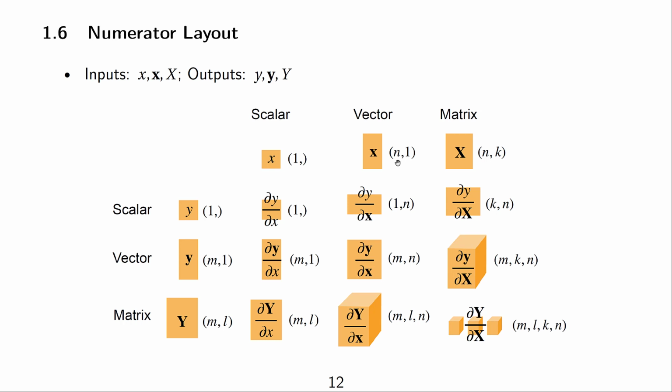Again, we have n inputs, and the output is a scalar. So this is the typical case that is handled in optimization lectures. We want to optimize a function that has a vector input and a single scalar output. And so here, the derivative dy dx is this row vector, one row and n columns.